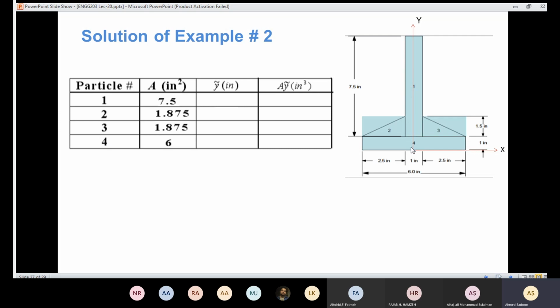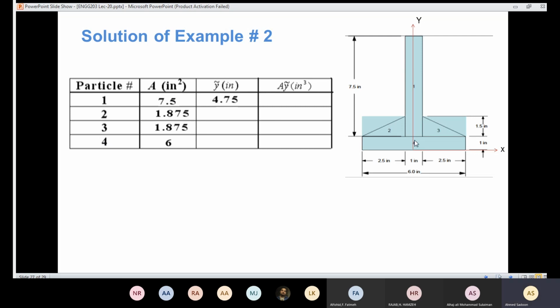Then I'm going to add 1. So y hat for part 1 is going to be 1 plus 7.5 over 2. 7.5 over 2 is 3.75, plus 1 is 4.75. So I'm going to end up with 4.75. Then I'm going to multiply this one by that one here.